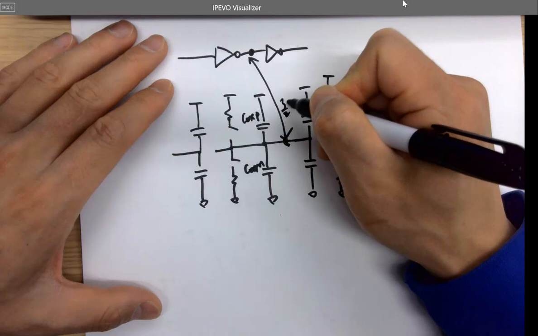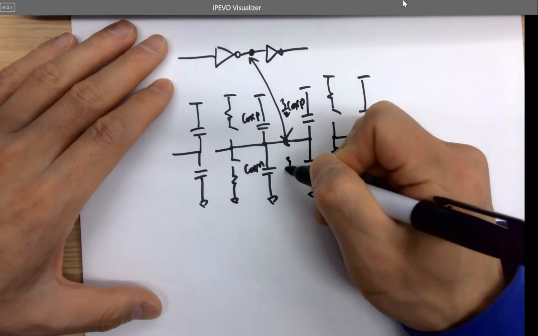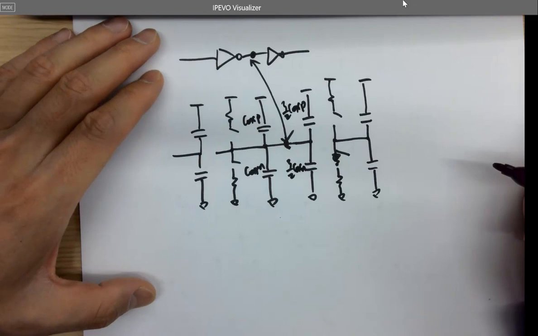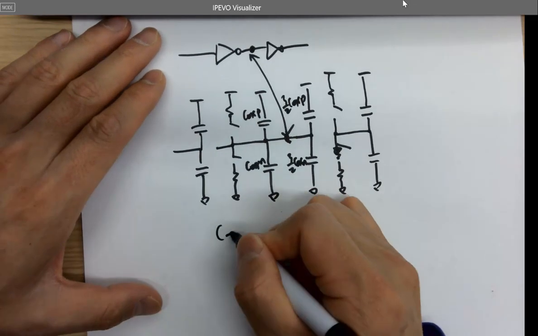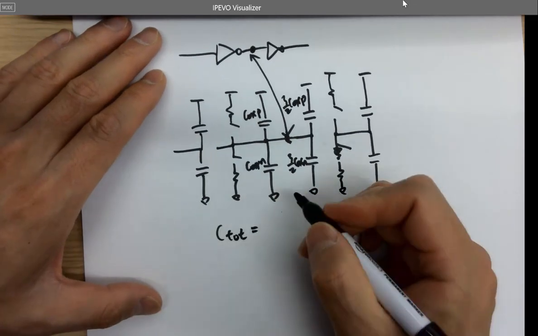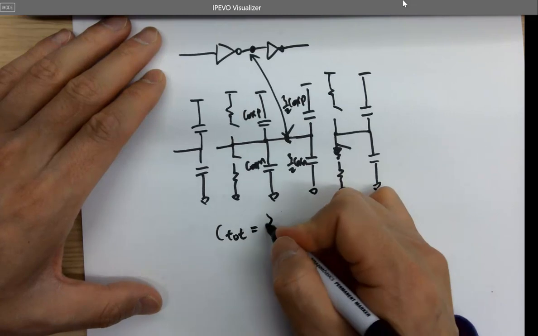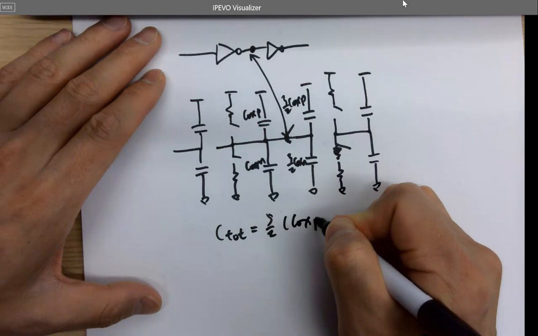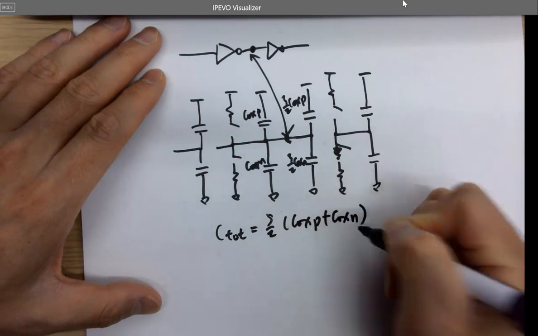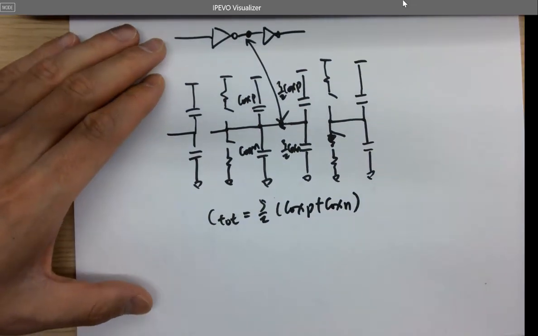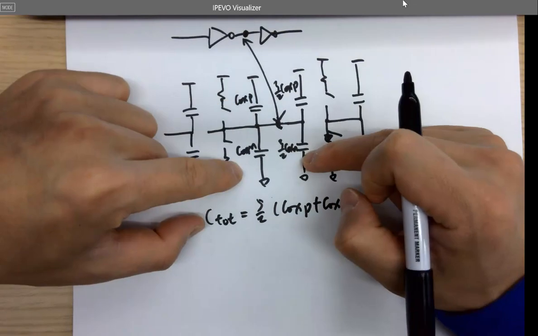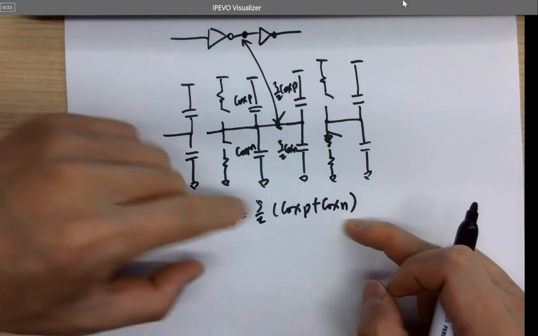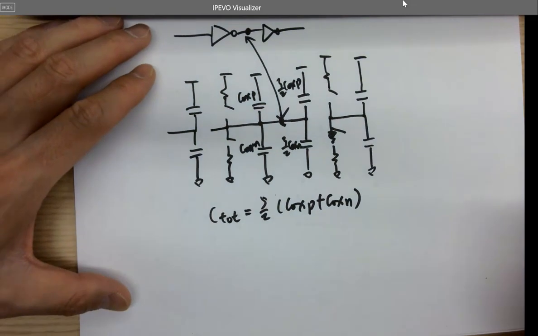Yes, 3/2. So Ctotal equals 5/2 of (COXP plus COXN), right? So add these two together, and factor 5/2 out and put them in addition in parentheses.